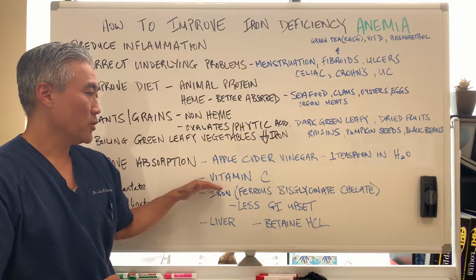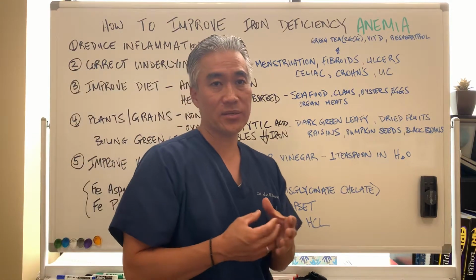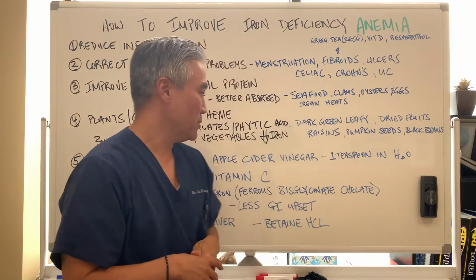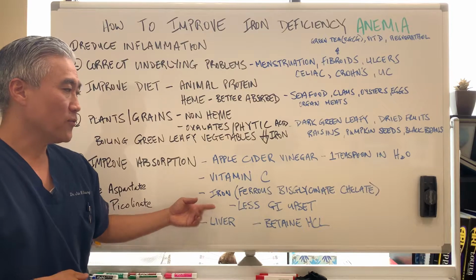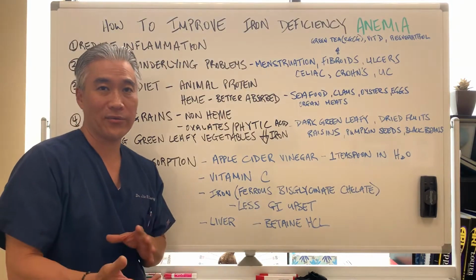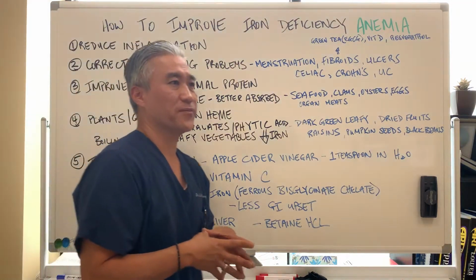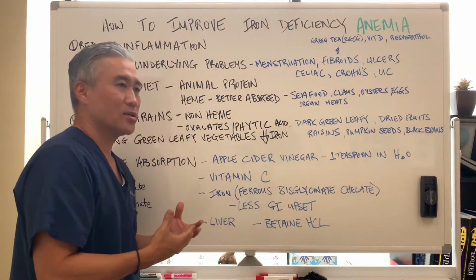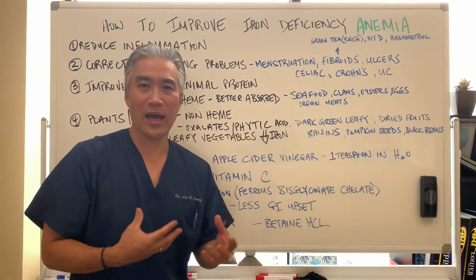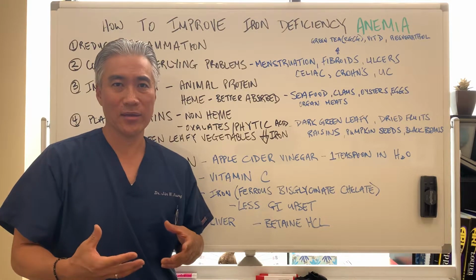Another is taking some extra vitamin C. Vitamin C is known to help improve iron absorption, in the form of ascorbic acid. And then taking certain forms of iron is better than others, right? The typical prescription for iron is iron sulfate, and it tends to absorb okay, but has more GI symptoms associated with iron intake.